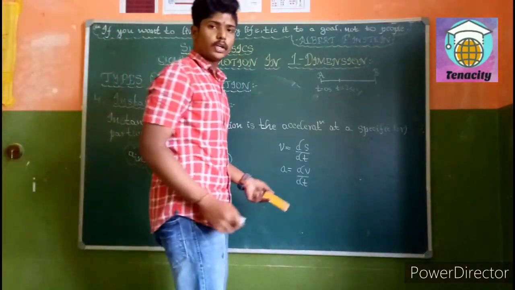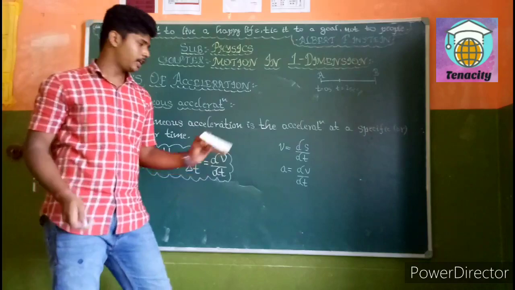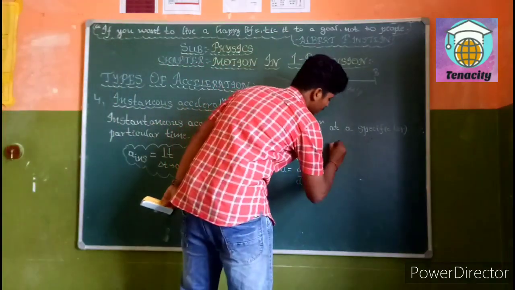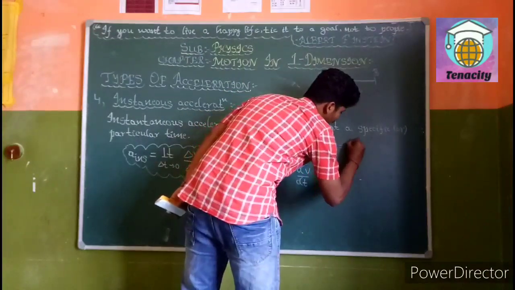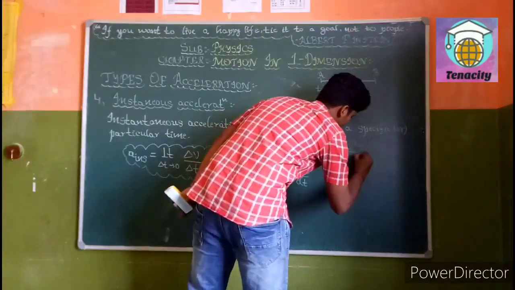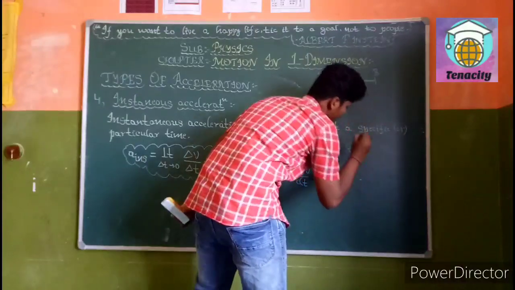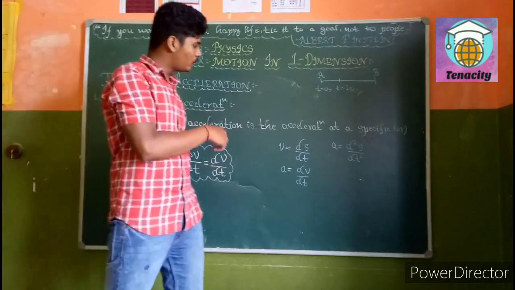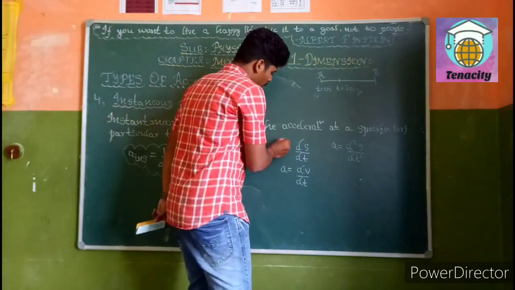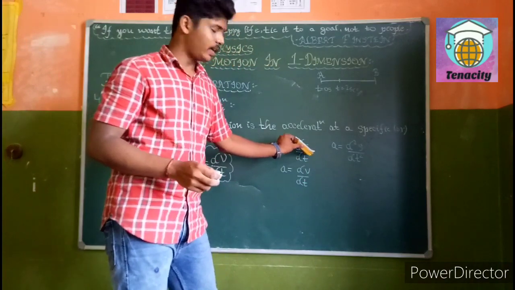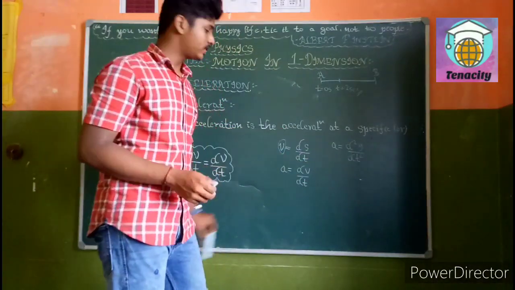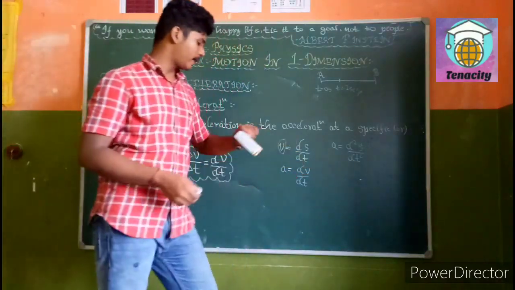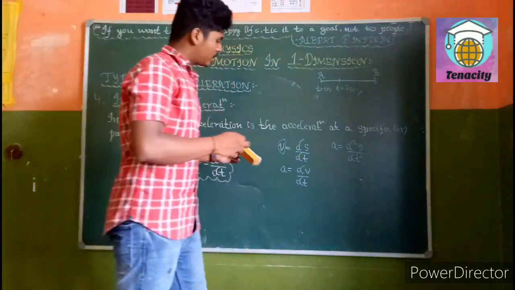If I want to write acceleration in terms of displacement, we can write a is equal to d square s by dt square. That is, double differentiation of displacement is acceleration. What does it mean? Velocity is the differentiation of s with respect to time, and acceleration is the differentiation of v with respect to time.